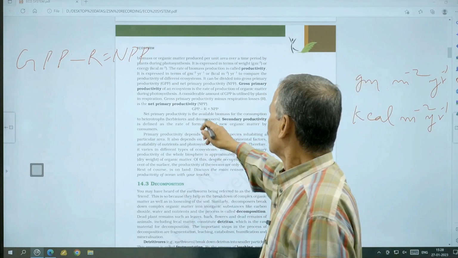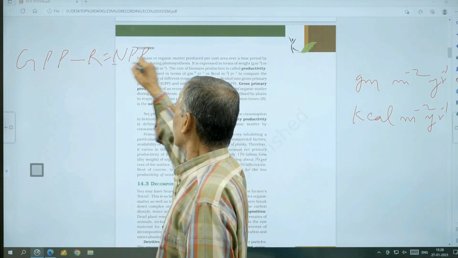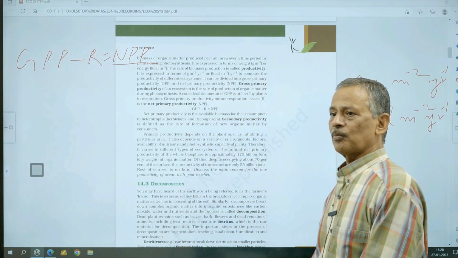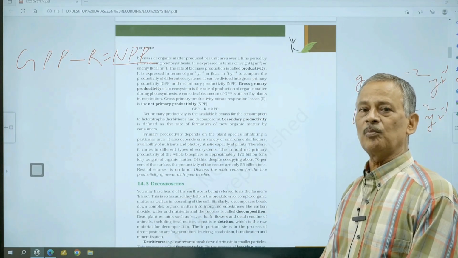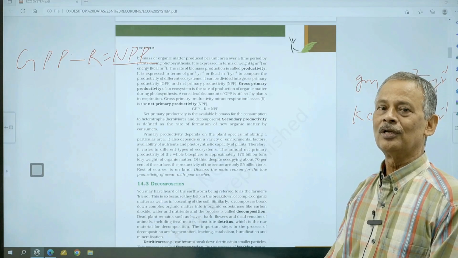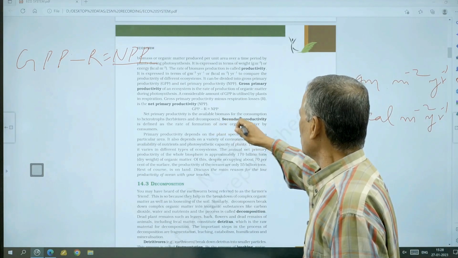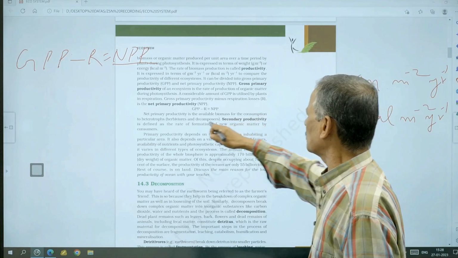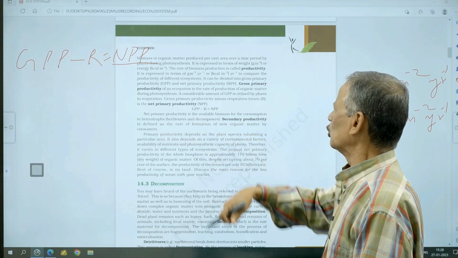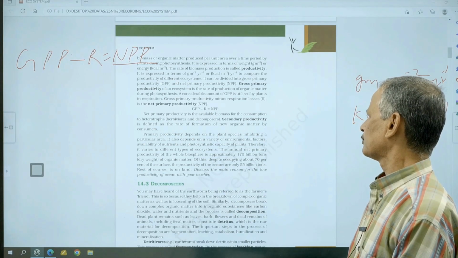Net primary productivity is the amount of energy or biomass that is available for consumers to live, for consumption by consumers, who are all the herbivores and decomposers.